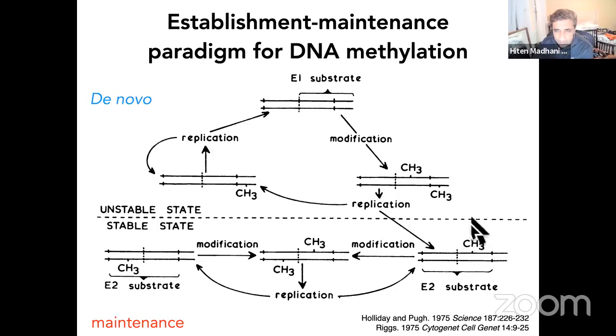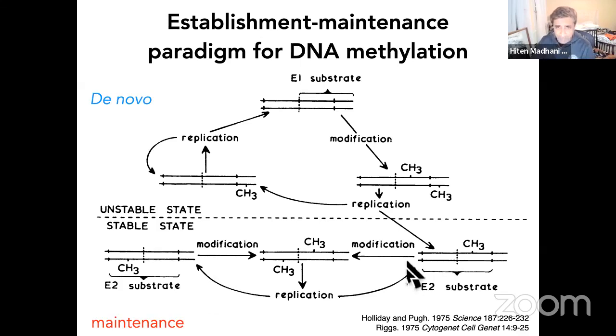They further proposed that this initial activity of the de novo enzyme could be then essentially propagated epigenetically in a form that involves memory by a second type of enzyme that could only recognize the hemimethylated DNA produced by DNA replication. It would somehow recognize that there was methylation on one strand and not the other, and then place methylation on the other strand to restore the original state. And so this was called a maintenance enzyme.